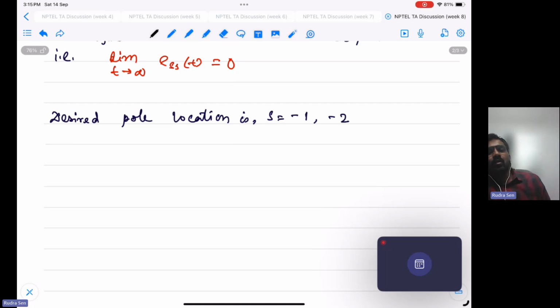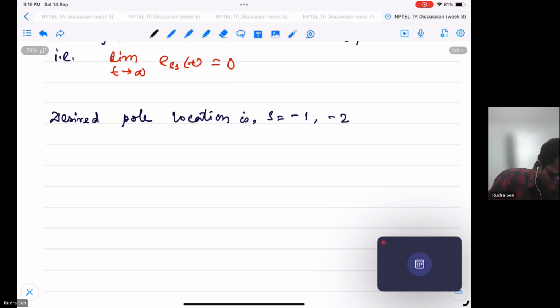So the designer already said, whatever you do, this is the pole location that I want. I want my system poles to lie at -1 and -2, and as well my steady state error should reduce, right?